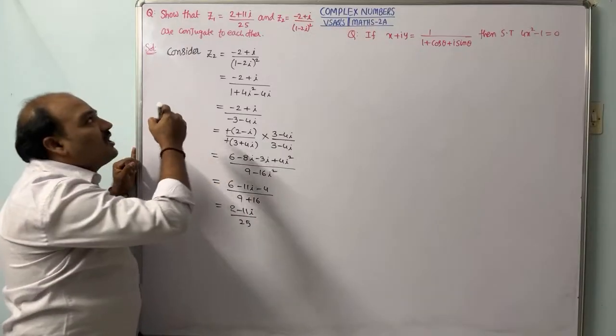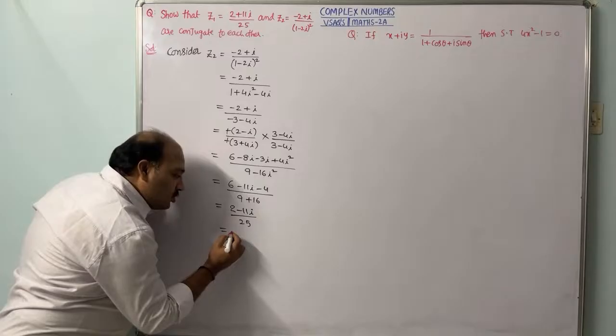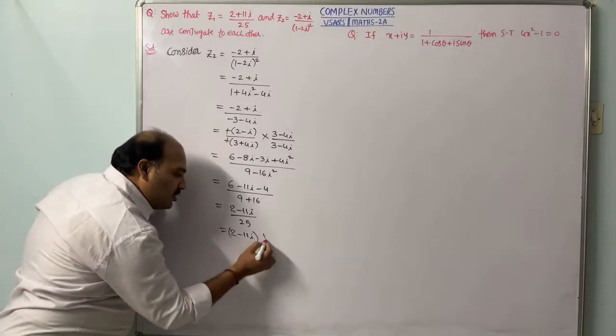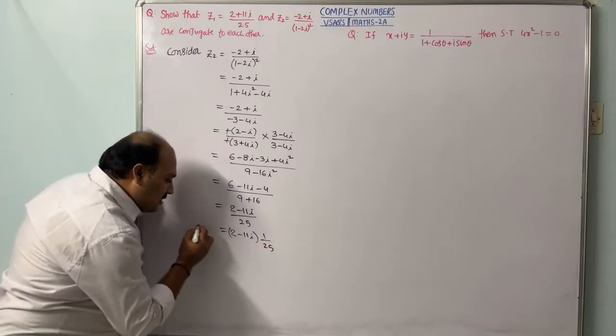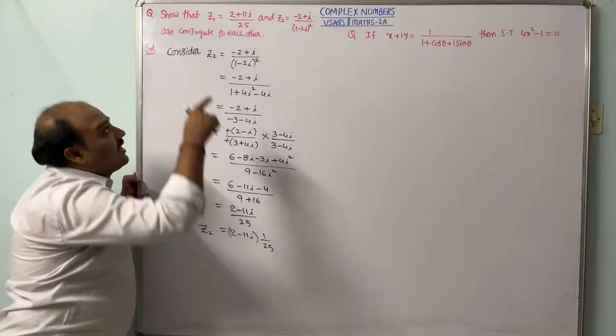Is it equal to Z1 or not? For this complex number Z2, which is (2 minus 11i) into 1 by 25, the complex conjugate is (2 plus 11i) by 25.